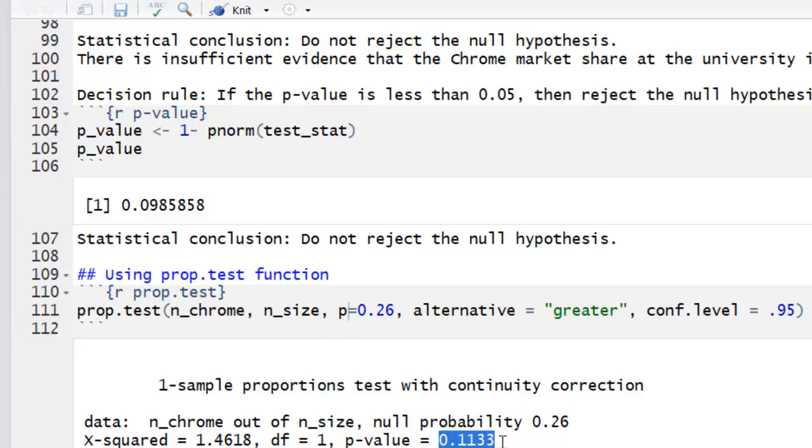Given that the p-value is greater than 0.05, we reach the same statistical conclusion of do not reject the null hypothesis. We don't have sufficient evidence to conclude that the Chrome market share at the university is greater than 26%. Okay, that concludes this video. Let me know if you have any questions.